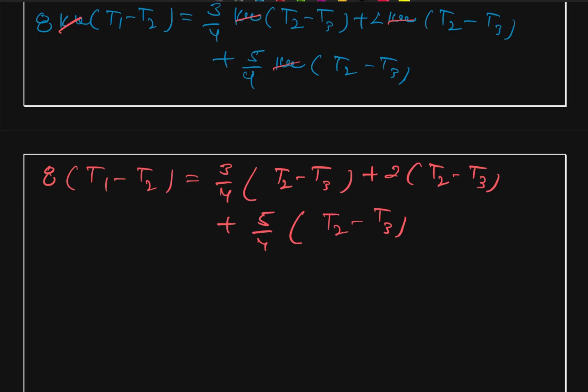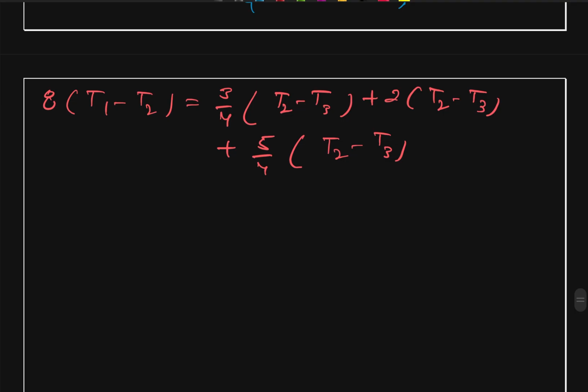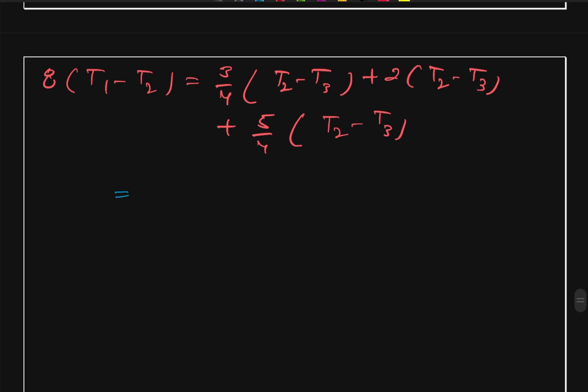T2 minus T3 we can take as common, so this will be left with us as 3 by 4 plus 2 plus 5 by 4 times T2 minus T3.